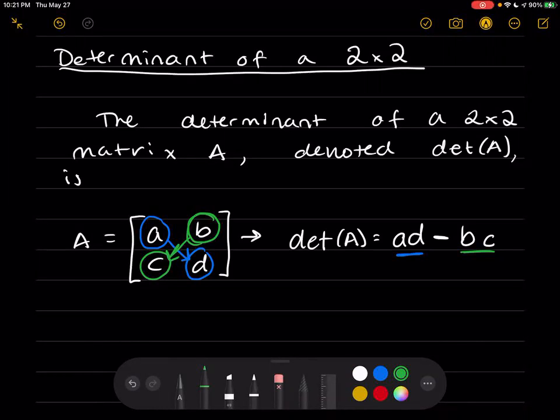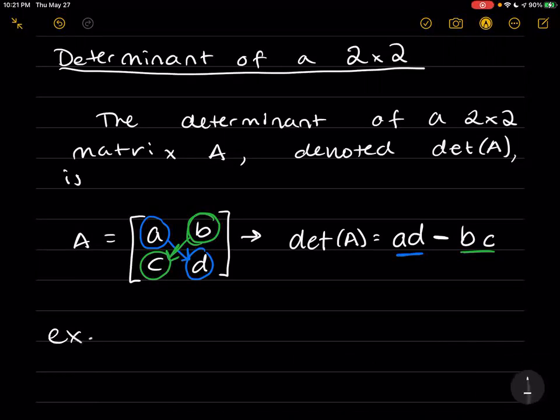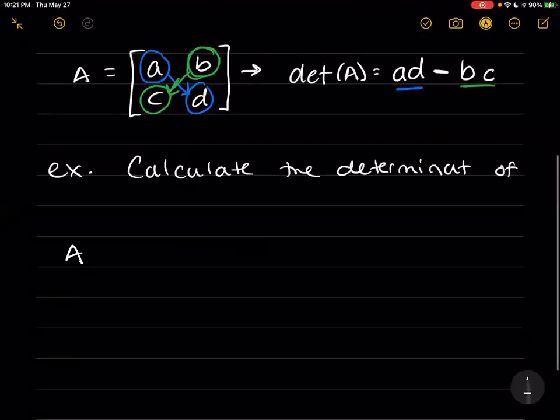Fairly straightforward. You take the top left entry, multiply it by the bottom right, and then from that you subtract the top right entry times the bottom left. For example, let's say we wanted to calculate the determinant of a matrix A with some actual numbers, like 2, 8, -3, 5.